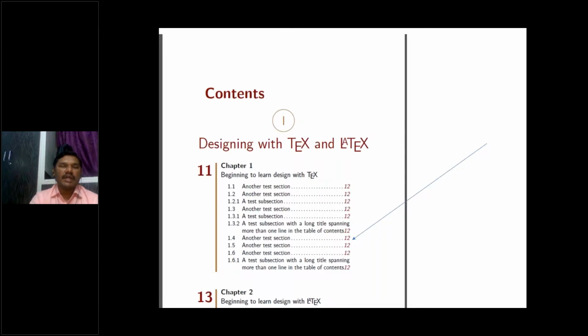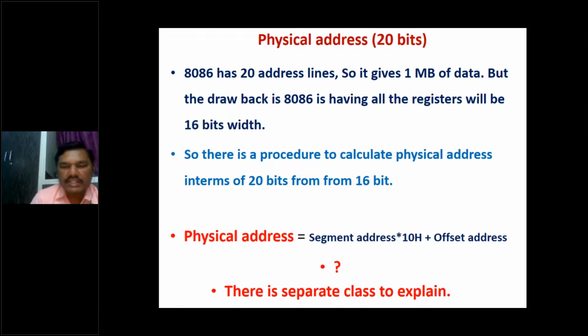So the complete address of that particular topic is decided by which chapter and which subtopic it is within. Here chapters are called the segments, and pages are called the offsets. That is what we call the complete physical address.